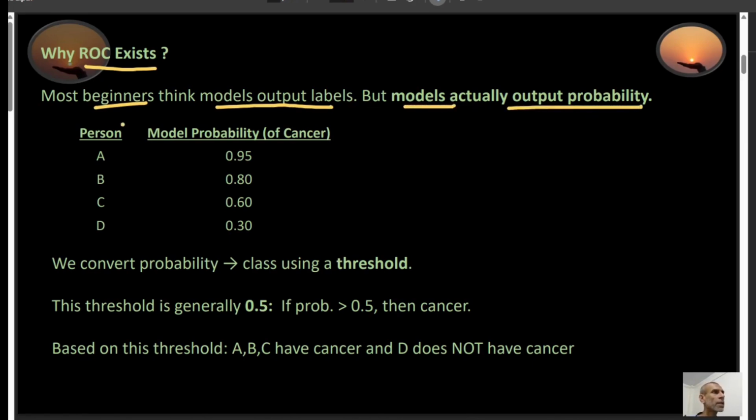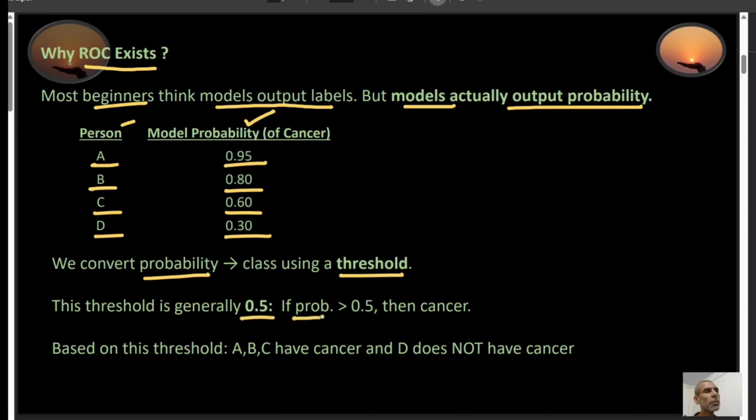For example, let's say you have persons A, B, C, D, and your model is going to output the probability of whether a person has cancer or not. For example, A has a 95% chance of having cancer, B 80%, C 60%, and D 30%. What we do is convert these probabilities using a threshold. Let's say the threshold is 0.5.